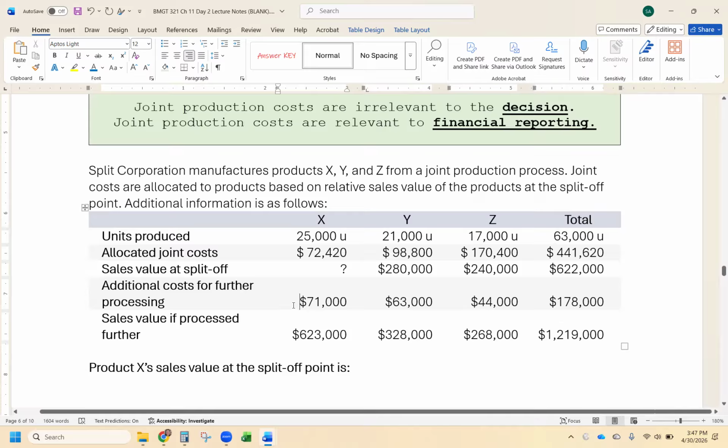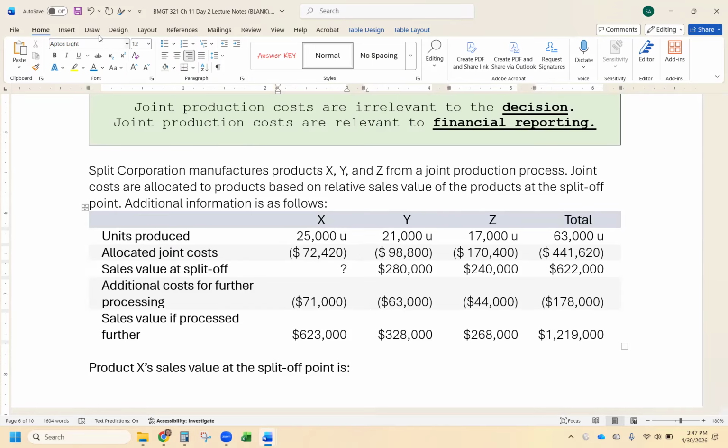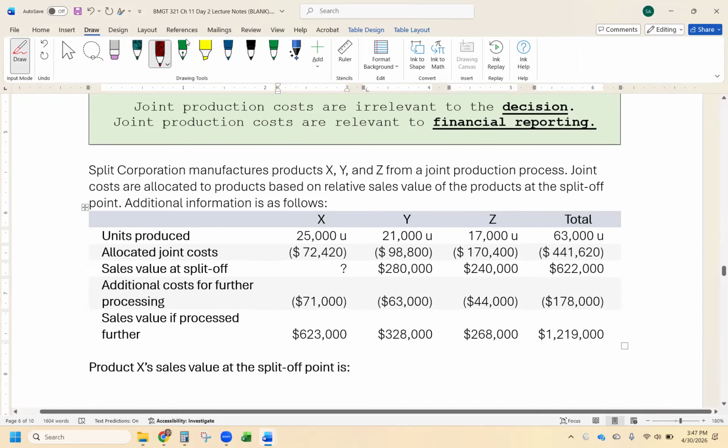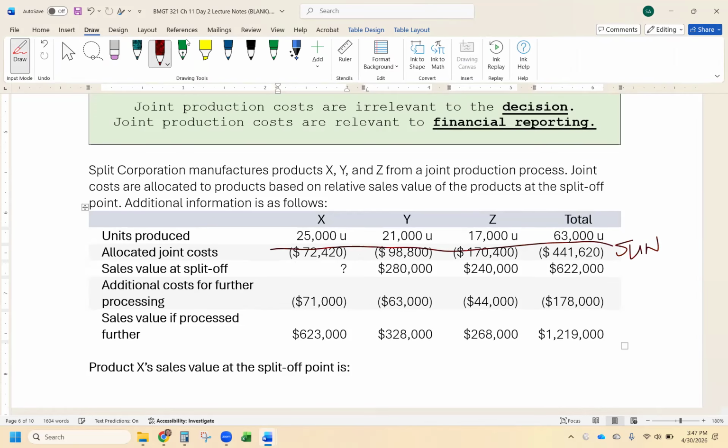And I also want to make sure that I indicate to you guys that these are all additional or separable processing costs, and that these are the allocated joint processing costs. For this particular chapter, these allocated joint processing costs are all sunk, so we don't even need to look at those.